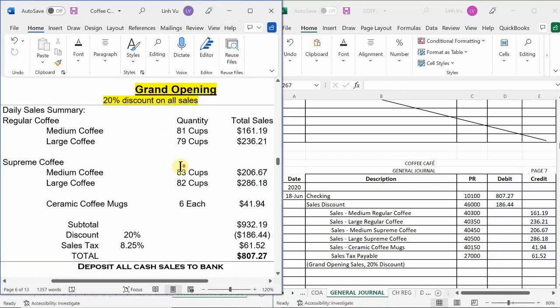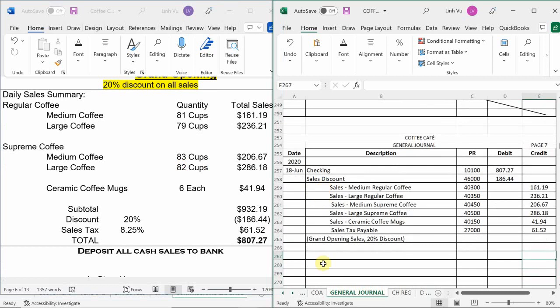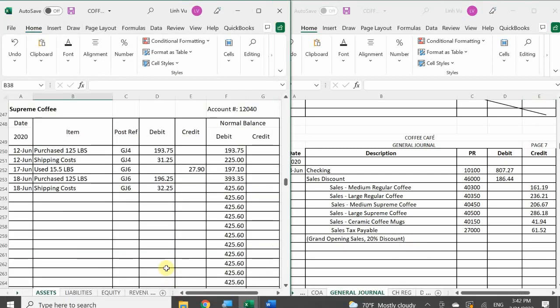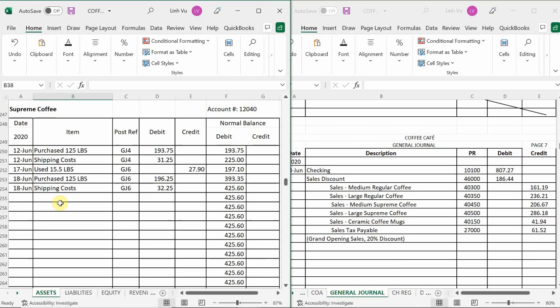Now that I journalized everything, this was still a grand opening sales 20% discount. That's straightforward. So what do we do next? Go through the ledger. We can go through every single account and update all the ledger accounts, starting with checking.